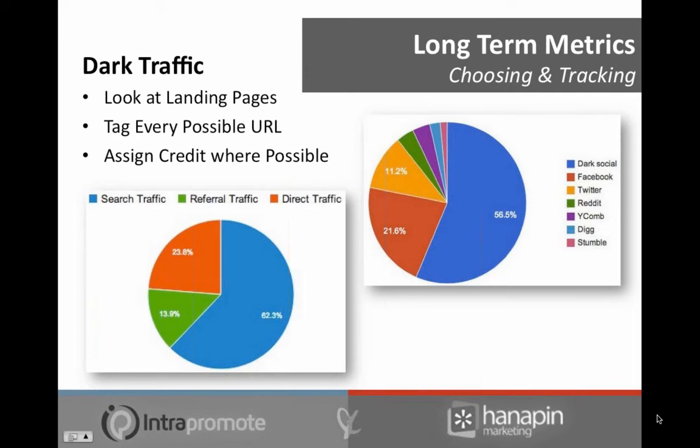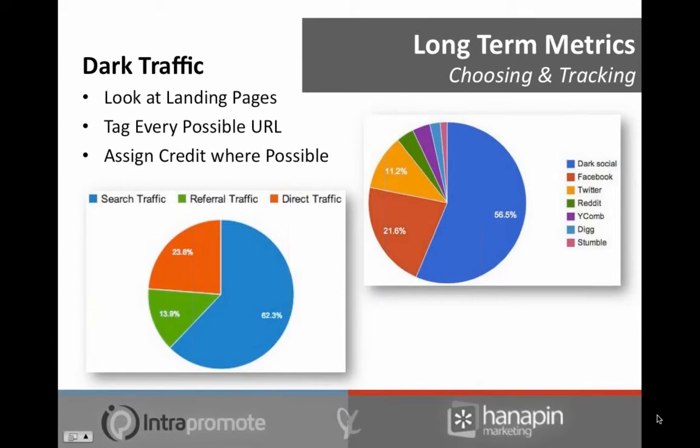The blue is search traffic, and hooray, it's number one there. Referral traffic, that is referral from any site that's not a search site, basically, is in the green. But look, a quarter of the traffic is this quote-unquote direct traffic. And direct is really a euphemism for we don't know where it came from, okay?